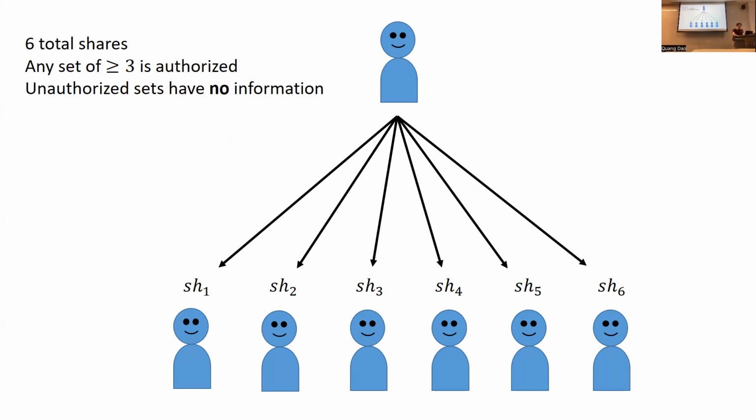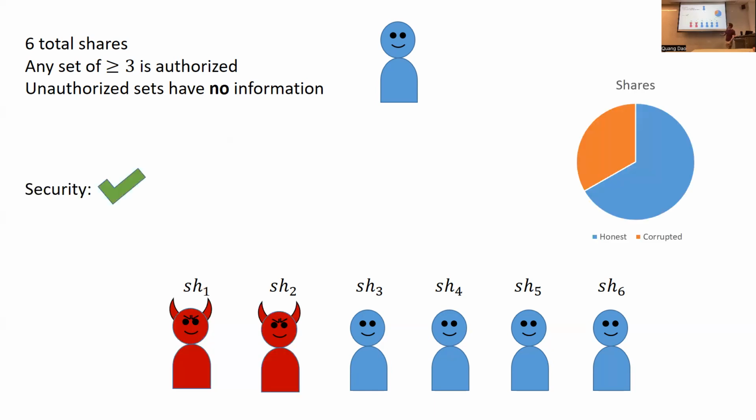So we split our secret into a bunch of different parts, and we have the security guarantee that, for example here, any set of 3 is authorized, but any set of 2 is not. So if the adversary only collects 2 shares, they get no information about the secret.